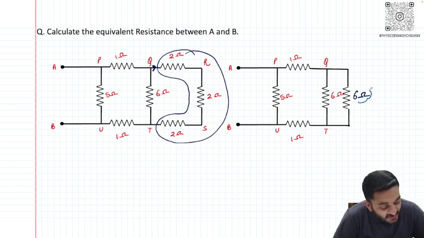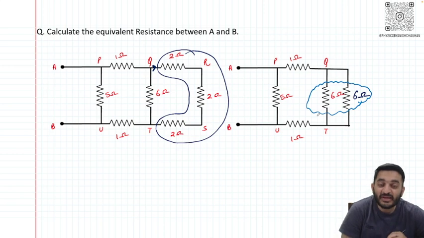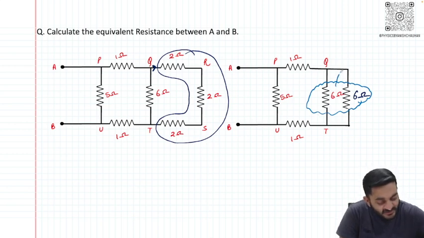Now if you look at these two resistance, they appear to be in parallel. So what we will do, again we will redraw this circuit, we will simplify it, and we have seen when the two resistance are in parallel, we have a formula that resistance parallel can be calculated by R1 into R2 upon R1 plus R2.